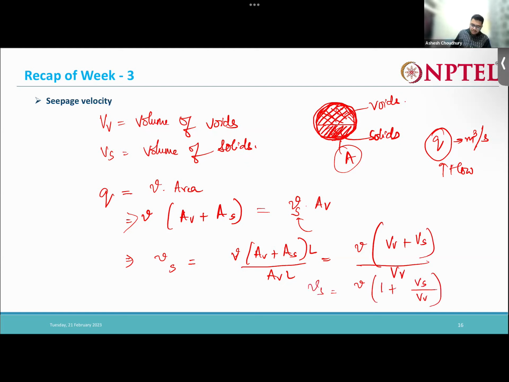So what is Vs by Vv, volume of solids by volume of voids? In terms of index property, think in terms of index property. Tell me, what is void ratio, e?